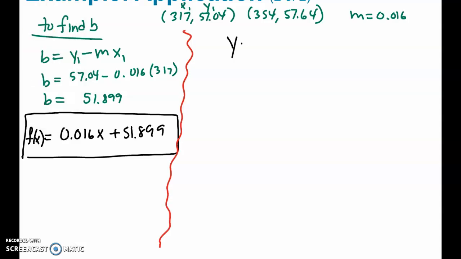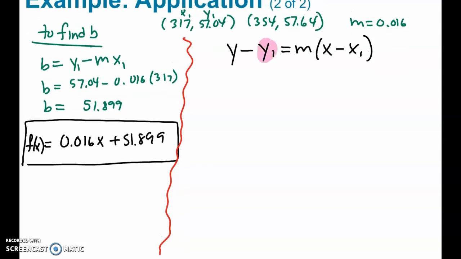The point-slope form, remember from video 1, is y minus y1 is equal to m times x minus x1. So what I'm going to do here is I'm going to take one of the points, and I'm going to plug in the y and the x value in these two places.